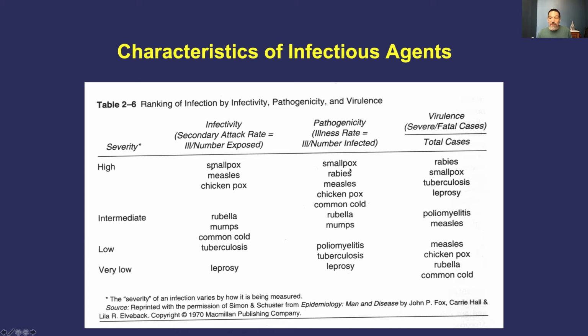If you're infected, the likelihood that you'll develop some symptoms is also high. Very few people have asymptomatic smallpox infection. And it's also highly virulent. So if you do have any symptoms, the chances that they will be very severe and potentially fatal with smallpox is also very high. And you can contrast these characteristics for another infection such as chickenpox.